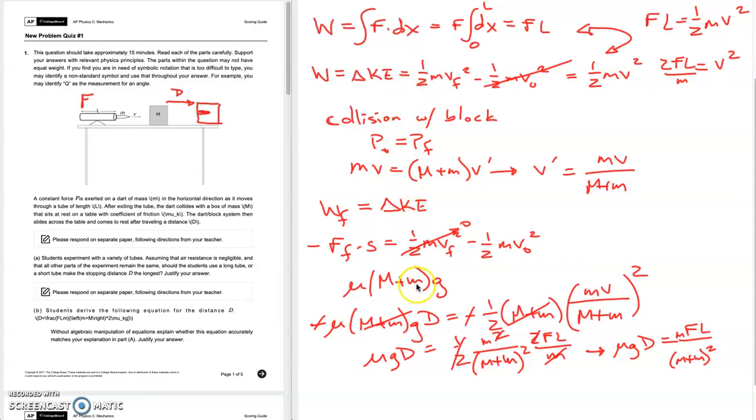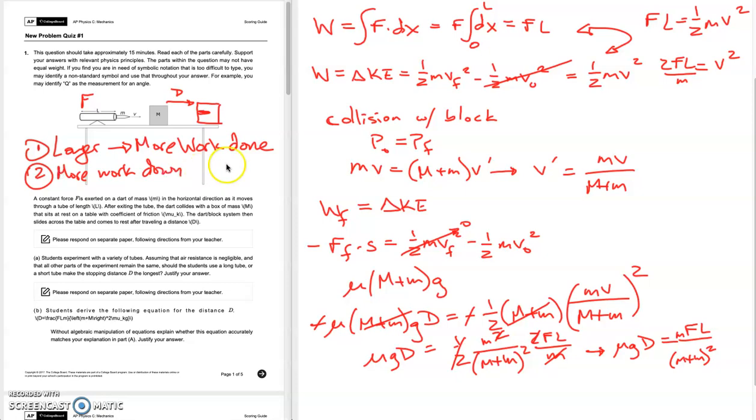Okay? And we need to string these together by saying: 1, L longer, more work done. 2, more work done. Where did that come from? More work done. More KE. 3, more KE.